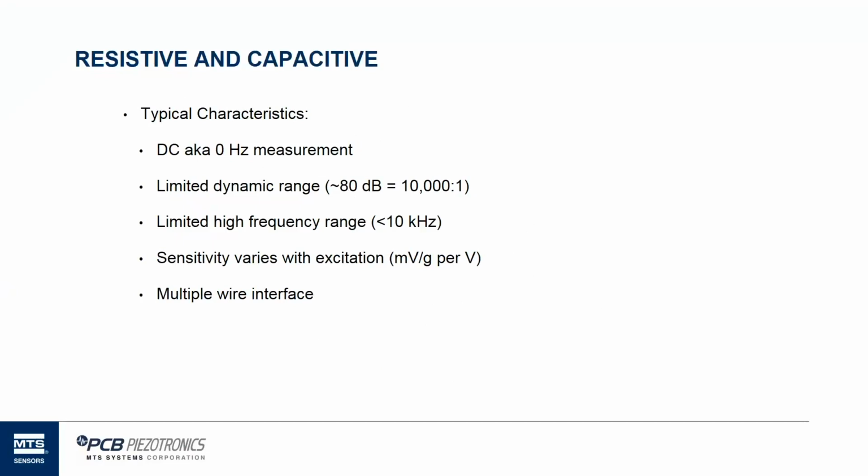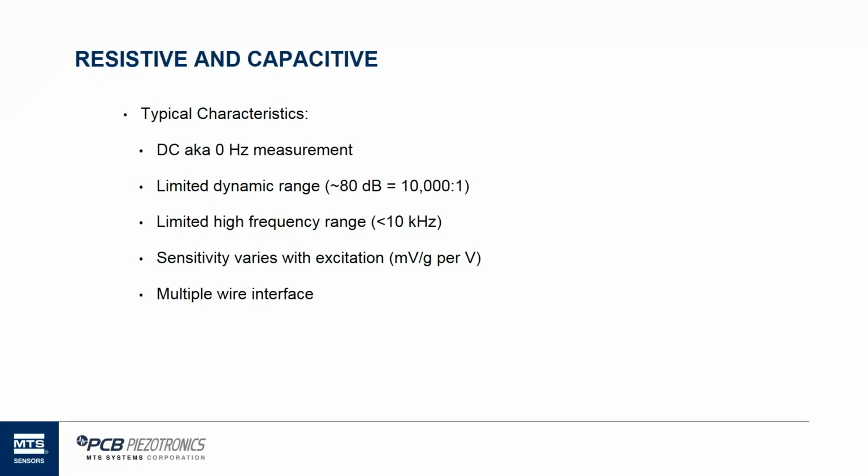You may recall that we had a Wheatstone bridge that we discussed on both of those designs. And you may remember about Wheatstone bridges that if you apply twice the excitation voltage, you will invariably get twice the output. And that output directly affects the sensitivity of the accelerometer. And it's expressed in millivolts.